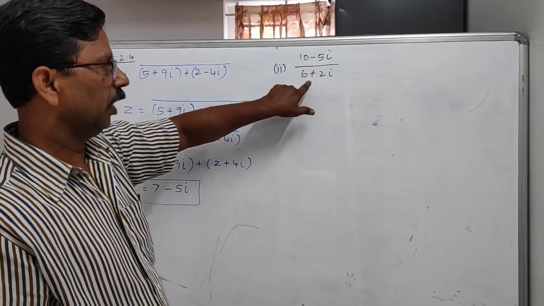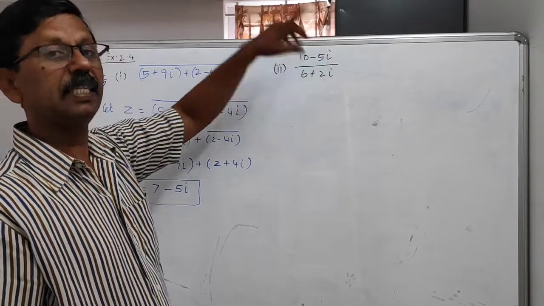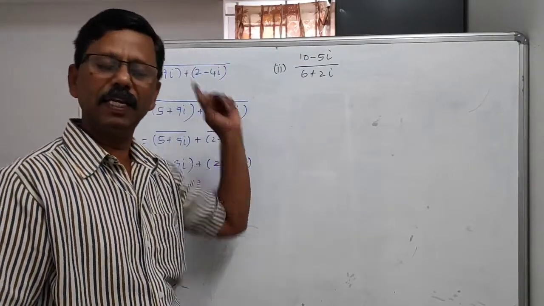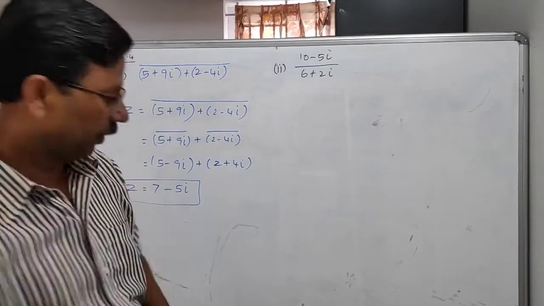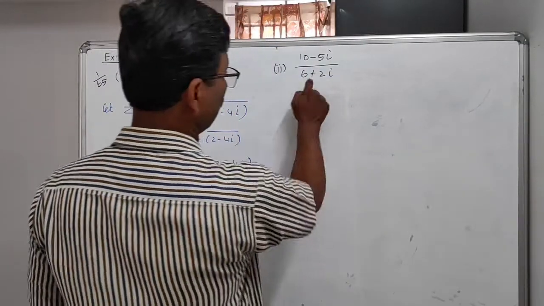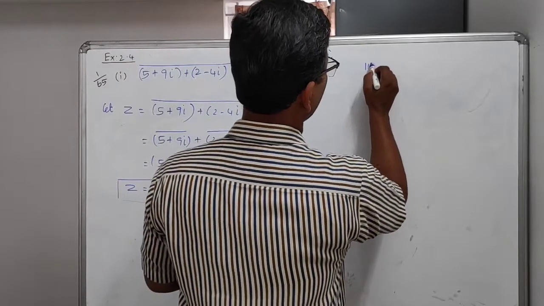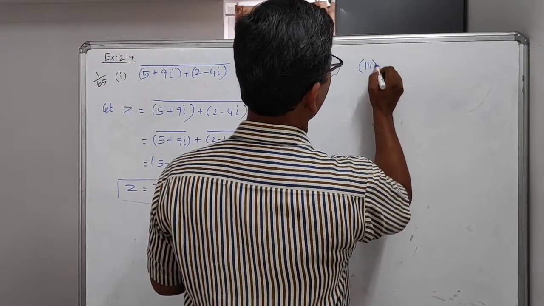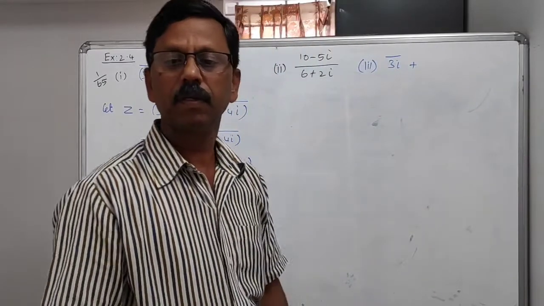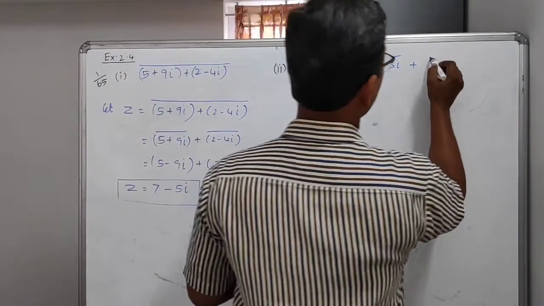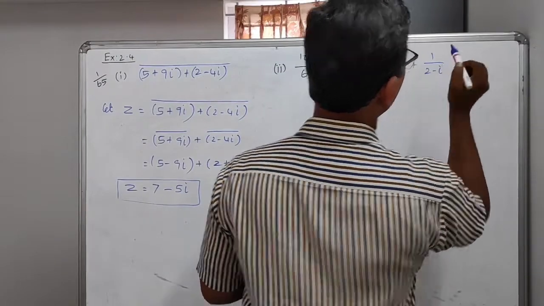This you can do as I have done in that example 2.3. Now let us go for the next problem, the third solution, that is 3i bar. This is for your homework. The third solution is given as 3i bar, then plus 1 by (2 minus i).